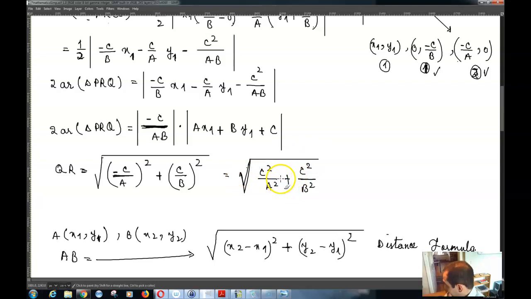And then we can write this as, over here you can take a c by ab out, and of course put that in the absolute value function, because you've taken that out of a square root function.